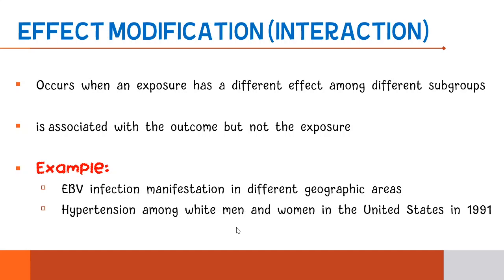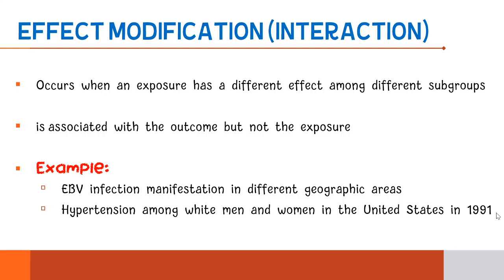Another example is hypertension among white men and women in the United States. What was seen here is that the rate of increase in blood pressure depends on gender. So that is effect modification in terms of hypertension.